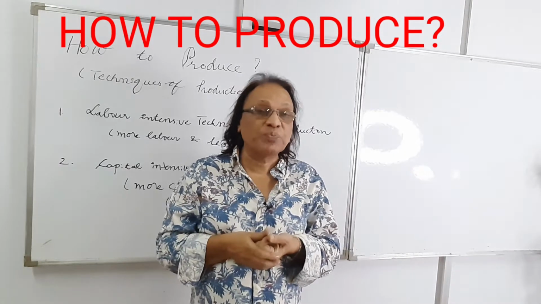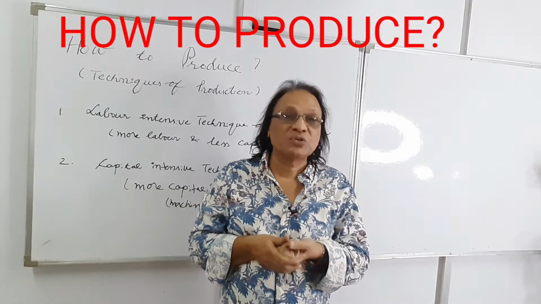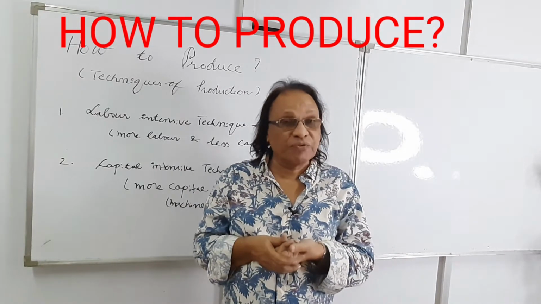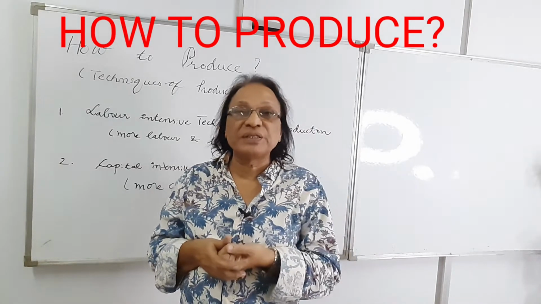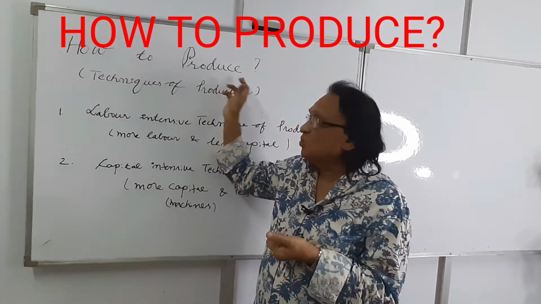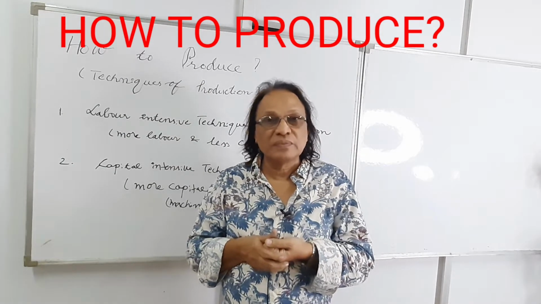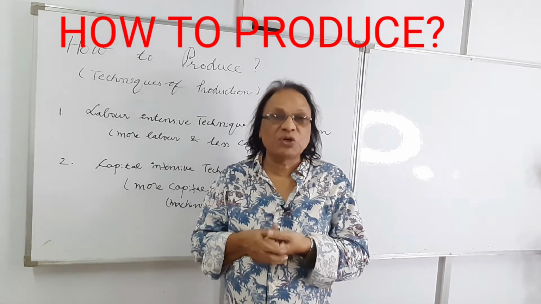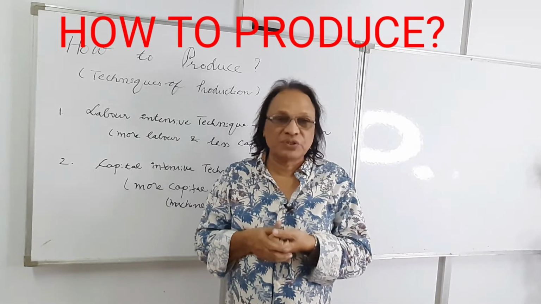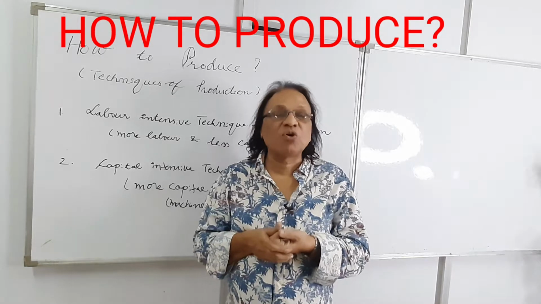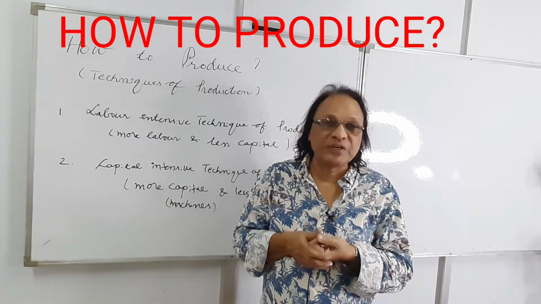That means we have to put them to the best use, and we can't afford to waste them. So the second central problem is how to produce, that is, technique of production. Without wastage of resources, we have to produce the maximum number of goods at the cheapest cost possible. The economy has to face this problem.